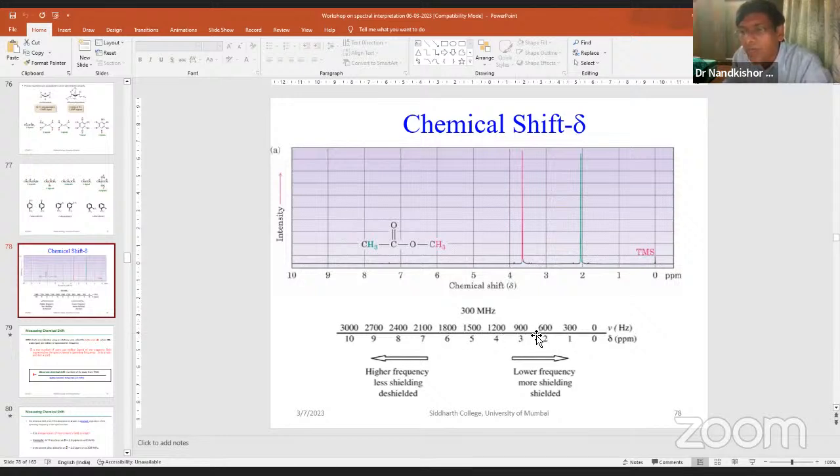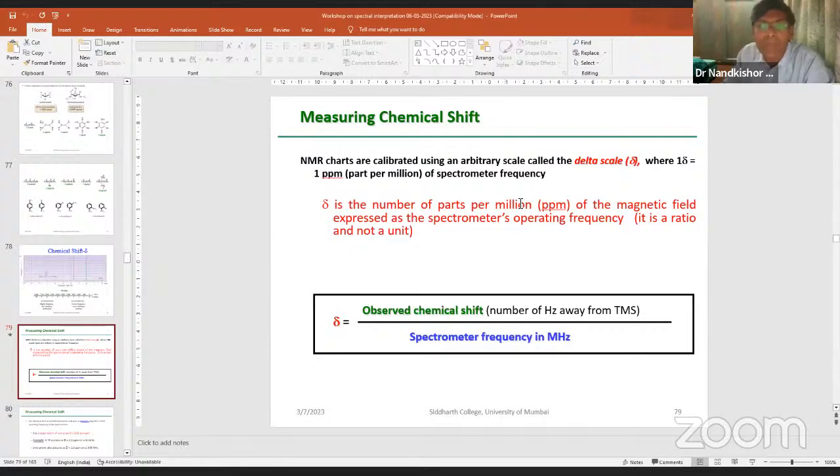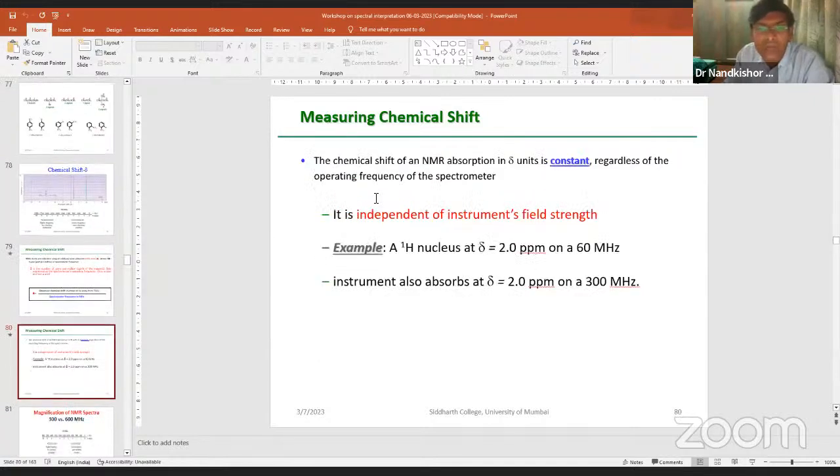So 100 upon 100 will again be 1, 200 upon 100 will be 2. This way, the scale will be fixed apart from the instrumental frequency. Whether the instrument is 600 or 700 or 1000, your delta scale will be constant throughout. So these are the simple calculations. Now we will see some problems based on this.